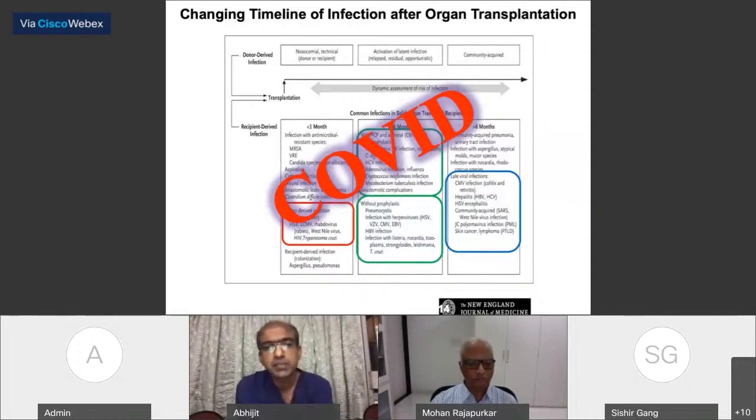In the first 6 months, from 1 month to 6 months, usually the infections will be related to CMV, BKV, HCV, and other infections like HBV. And beyond 6 months, usually we are dealing with late CMV infections, hepatitis, HSV, and community-acquired infections.